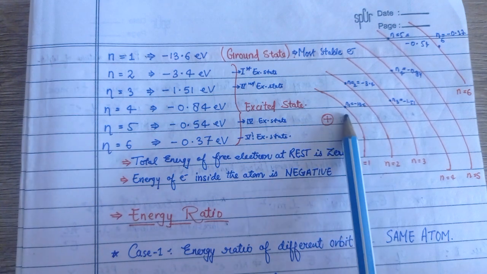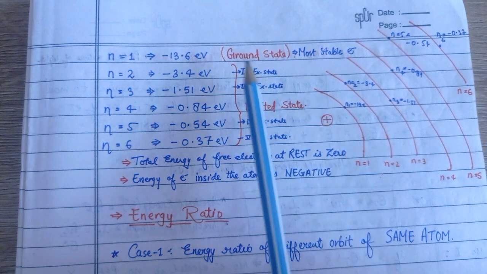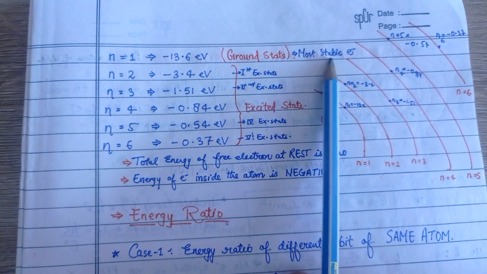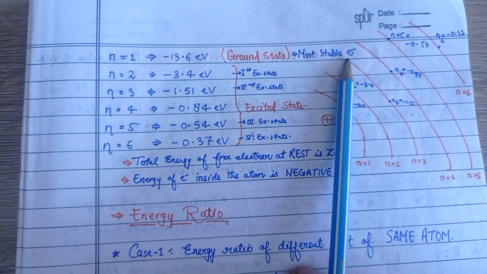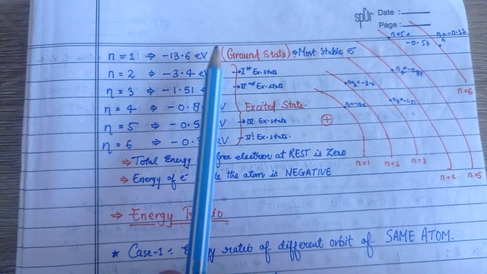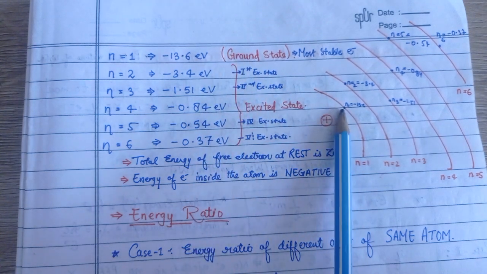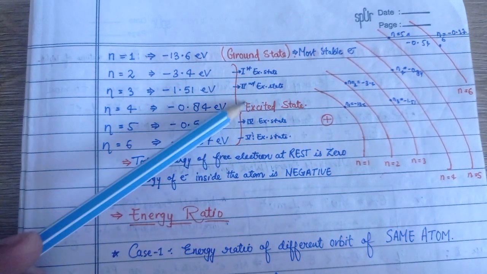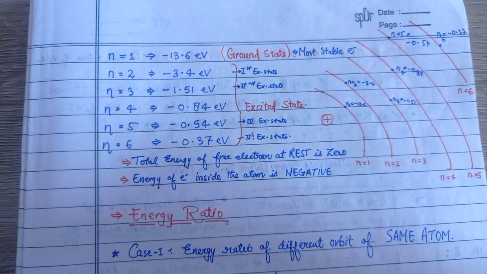The electron present in the first orbit is said to be in the ground state, or the most stable electron, because of the least energy. While when the electron jumps from n equal to 1 to any higher energy level, it is said to be in the excited state.